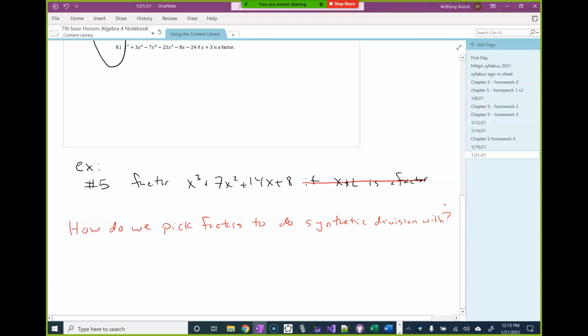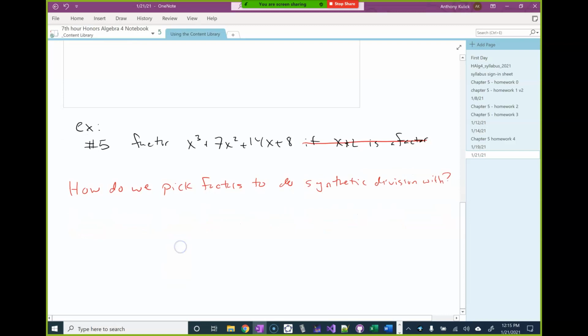So that's the question we're going to be looking to answer over the next 2 lectures: how are we going to pick these factors that we're going to try to do the synthetic division with.